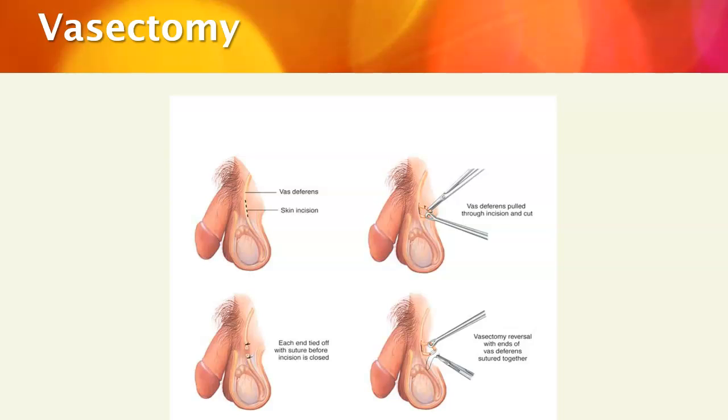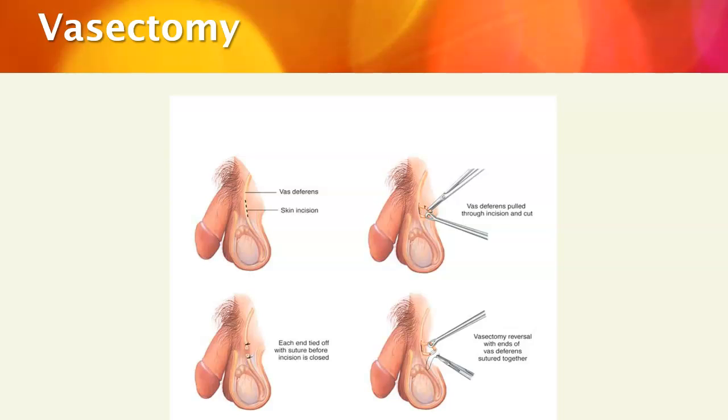Now, what they do if they want to reverse it is they just go in and undo what they did. So they'll take the ends of the vas deferens and they'll suture them back together. So this is not something that needs to be done over and over again. Like most people, when they get this done, there is a chance that if they do get the vasectomy reversed, it may not be effective.